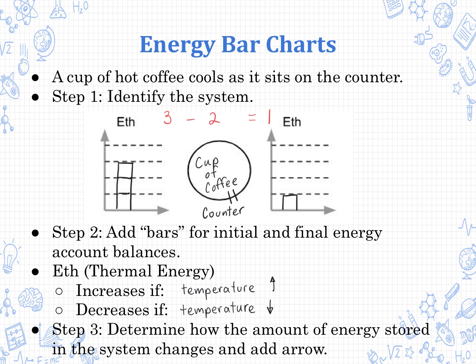We subtracted 2. You don't have to draw this equation in your problem, but I'm giving you how I'm thinking about it. So since energy is exiting our system, our cup of coffee has less energy now than it did initially. I'm drawing that arrow, and I made the arrow look like 2 little boxes to show that 2 units of energy left our system.